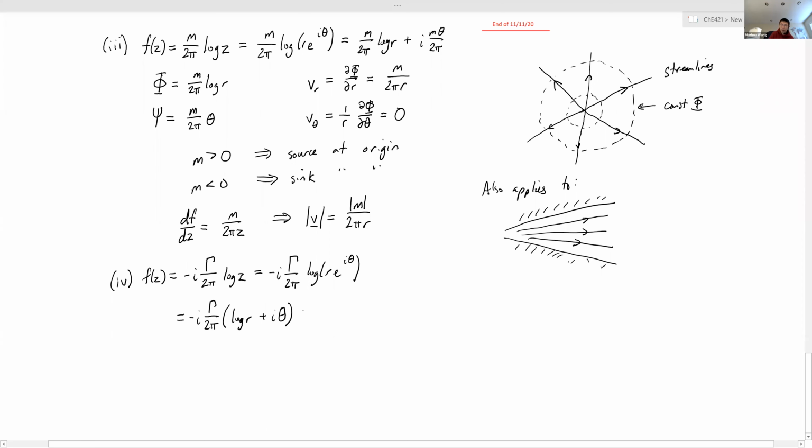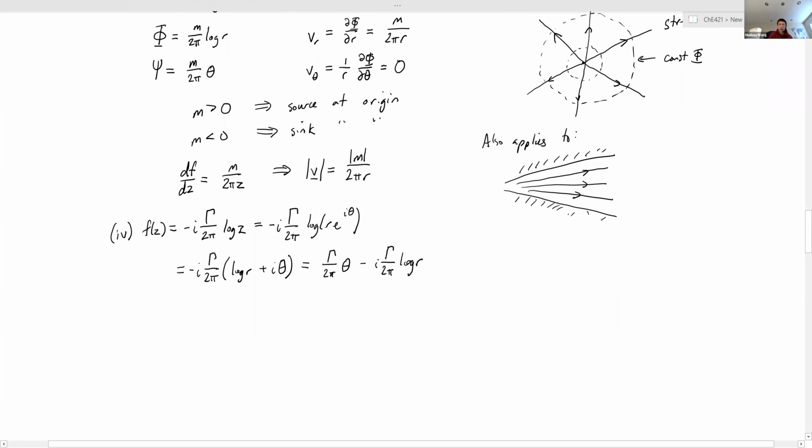Okay. And so what I have is the real component is actually the i times the i here cancels to give me a -1 times -1 over here. So that just gives me gamma over 2 pi times theta. Okay, and then the imaginary component is minus i gamma over 2 pi log of r, right?